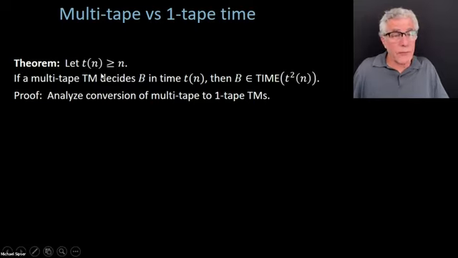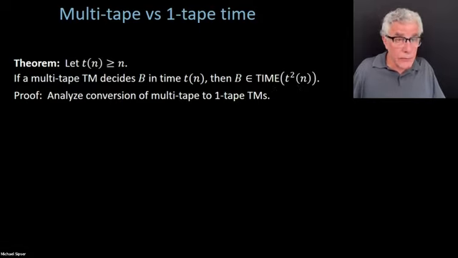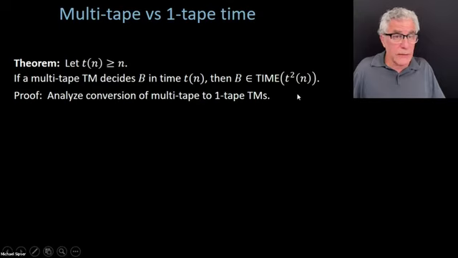So the way I'm showing this theorem is that if you have a multi-tape Turing machine that can do a language in a certain amount of time, then it's in the time complexity class of that time bound squared. I'm saying that because this is the bound that's utilizing the one-tape model. So another way of saying that is converting multi-tape to one-tape squares the amount of time you need at most.